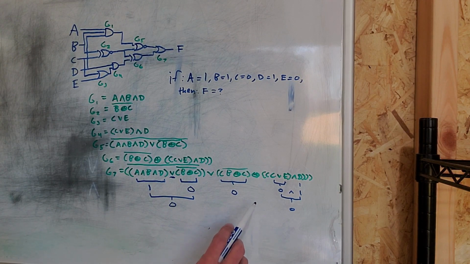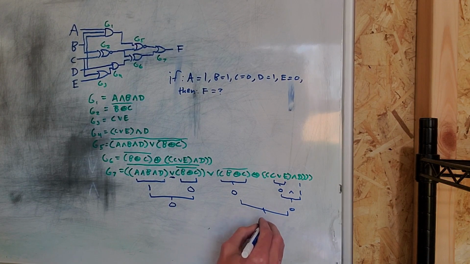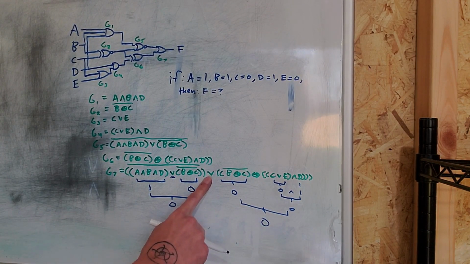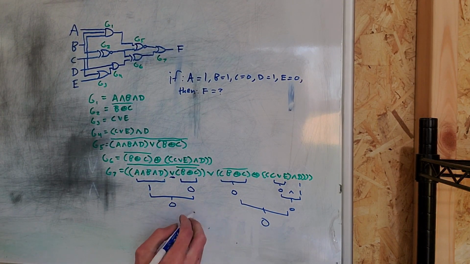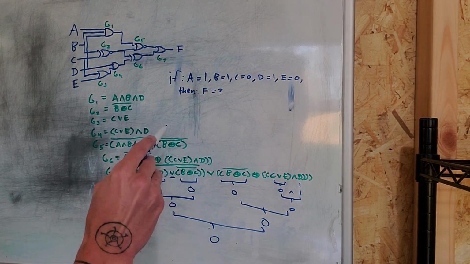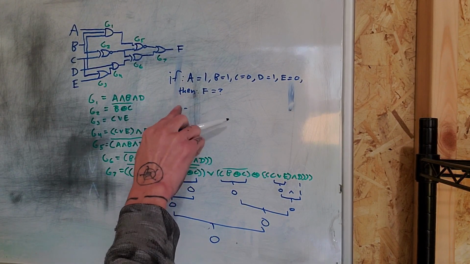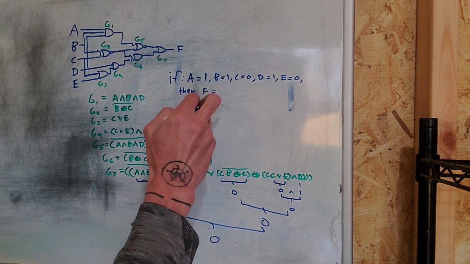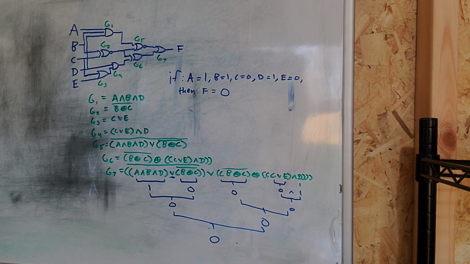So now we have two zeros here, and we're comparing them with an XOR, and 0 XOR 0 is equal to 0. Finally, we have our OR gate, and 0 or 0 is going to be 0. So if these conditions are met, then F will equal 0.